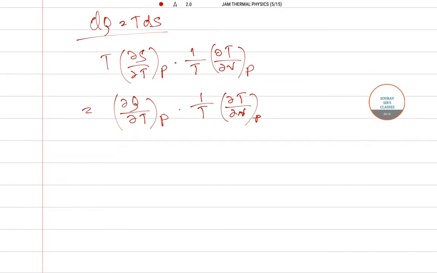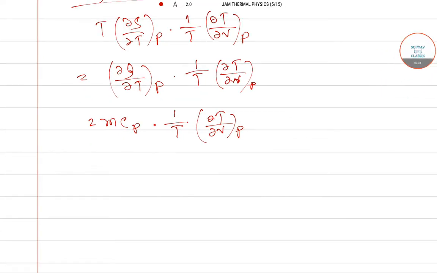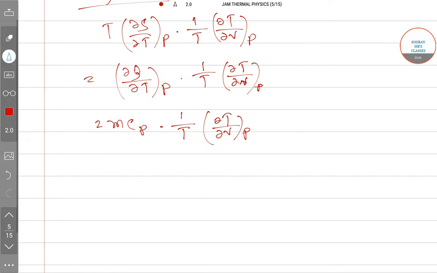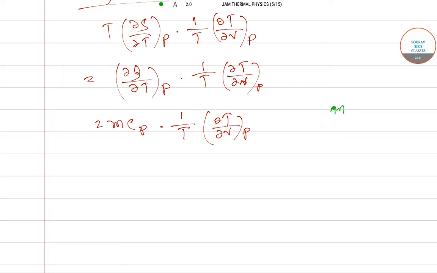So this del Q del T at constant P can be written as mass into specific heat capacity at constant P, into 1 by T del T del V at constant P. Now we all know this mass M equals rho into V. Rho is the density and V is the volume.